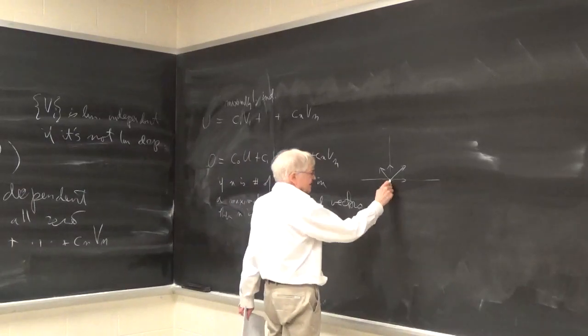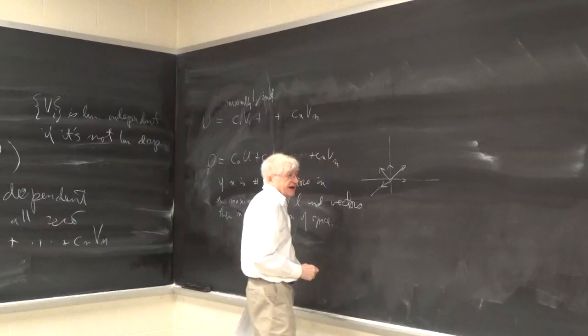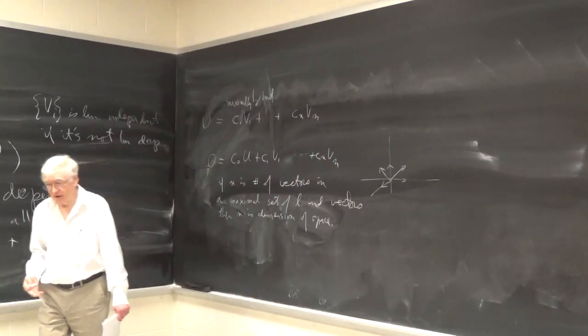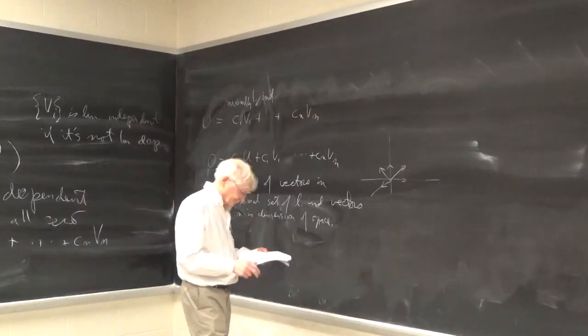If one adds another dimension, so it's 3 dimensions, then you need a third vector to make a linearly independent set, and if you have 3 linearly independent vectors in 3 dimensions, that's a maximal set of linearly independent vectors.